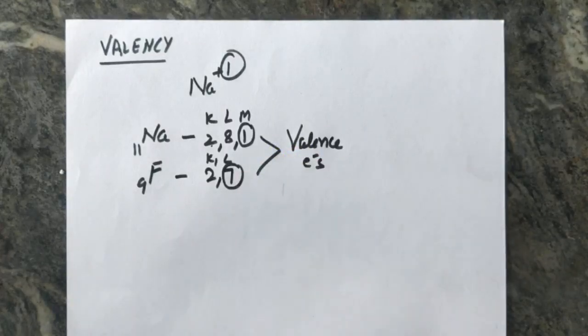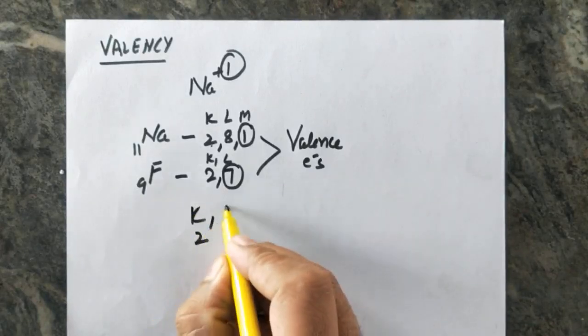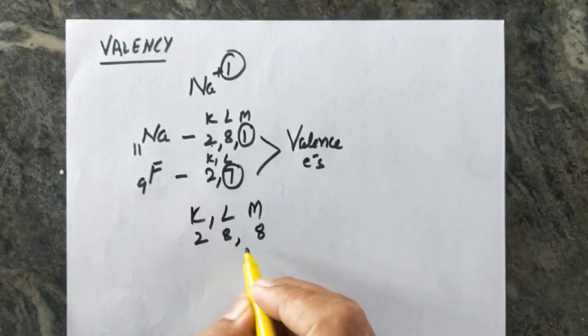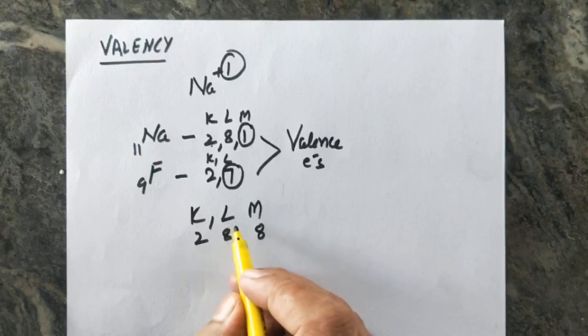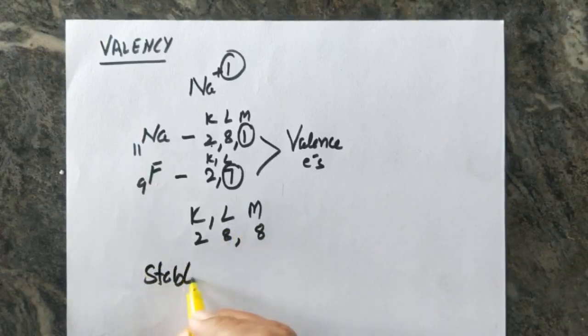An important point: we know that in K shell the maximum number of electrons is 2, for L the maximum is 8, for M the maximum is 8 and so onward. Those elements in which the last shell is complete, that means it contains exactly the number of electrons that it requires, are considered stable in nature.